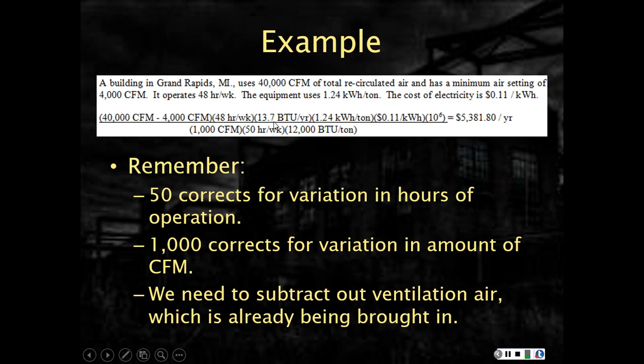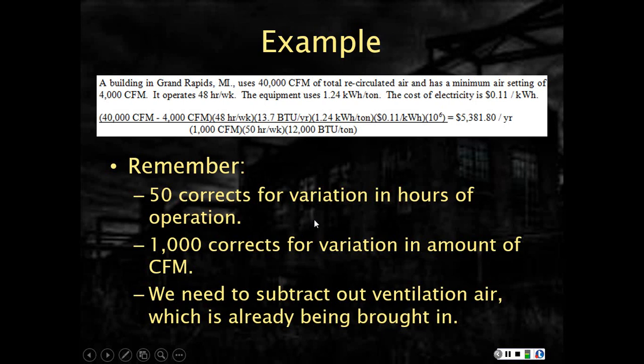That was 13.7 BTUs per year, times that 1.24 kilowatt per ton, times the cost, times this value to the 6th. Then we make the corrections, the 1,000, the 50, and 12,000 BTUs per ton. So when we run all those numbers, we get a savings here of $5,381.80 per year.